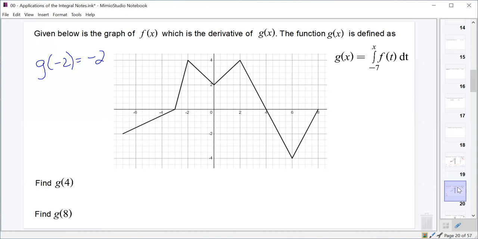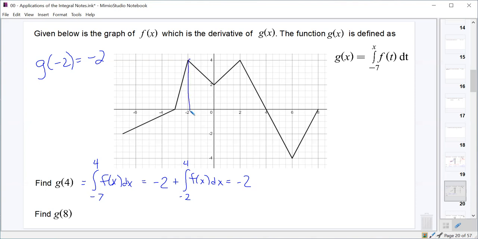And because g of 4 is just an integral from -7 to 4 of f of x, and we know that from -7 to -2, it's -2, it should be -2 plus the integral from -2 to 4 of f of x dx. So we'll just find all of the chunks from -2 to 4.